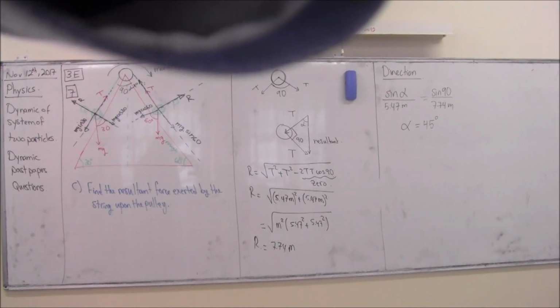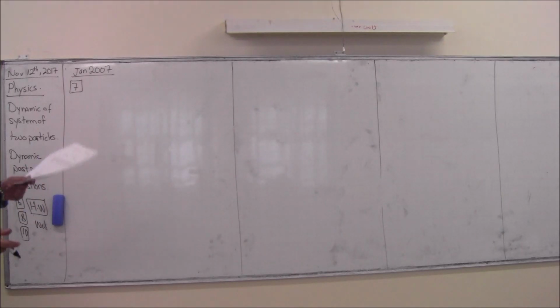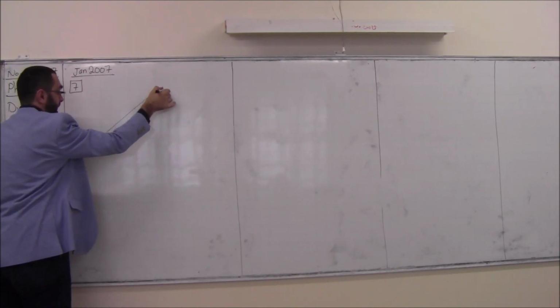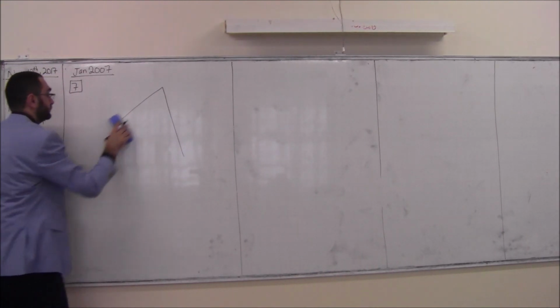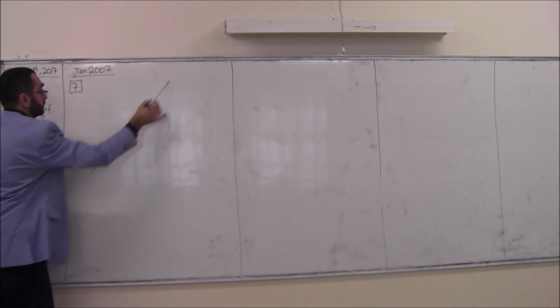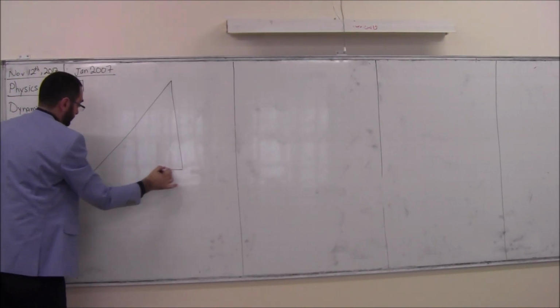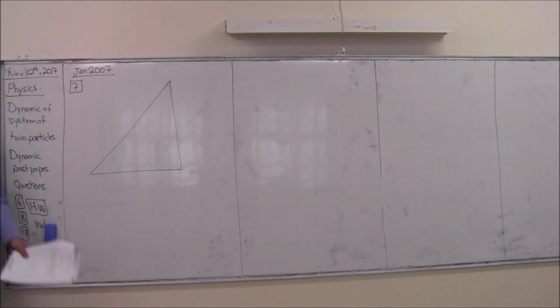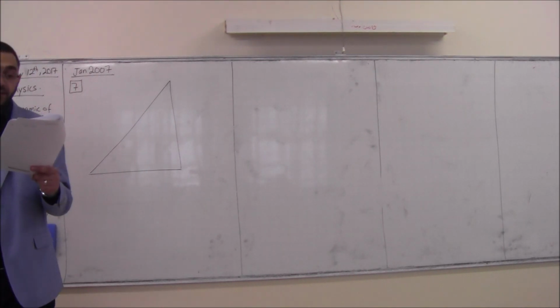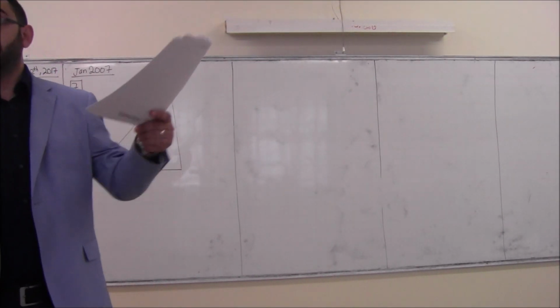We have an inclined plane like this. Figure 4 shows two particles P and Q of mass 3 and 2 kilograms, respectively, connected by a light inextensible string, right?